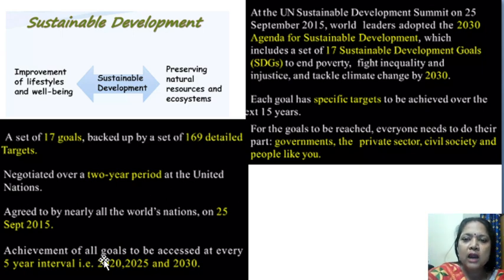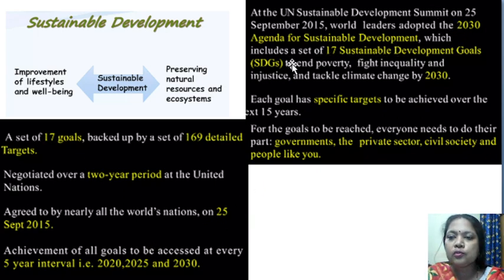So, at the UN Sustainable Development Summit on 25th September 2015, world leaders adopted the 2030 Agenda for Sustainable Development, which includes a set of 17 sustainable development goals to end poverty, fight inequality and injustice, and tackle climate change by 2030.